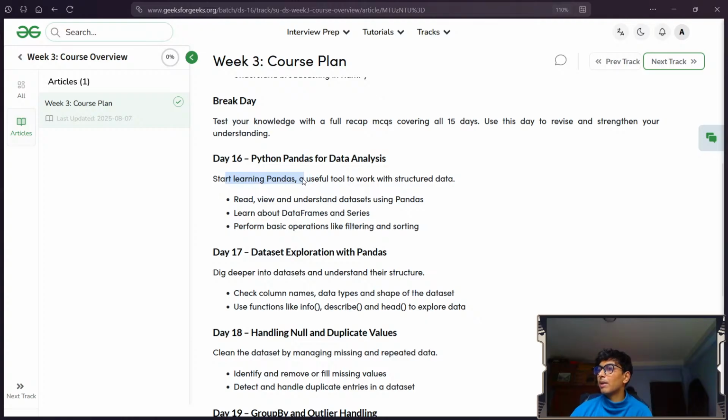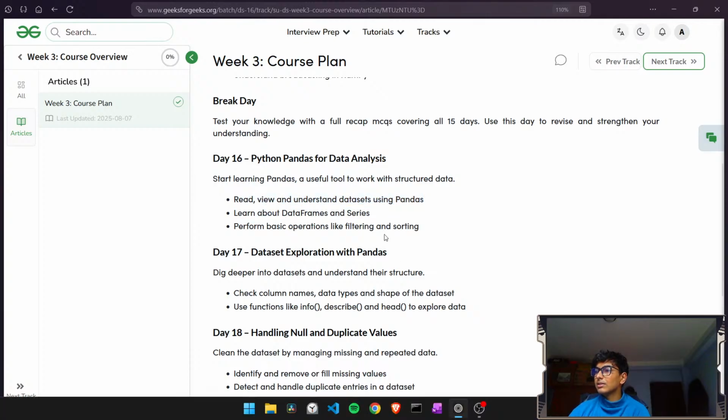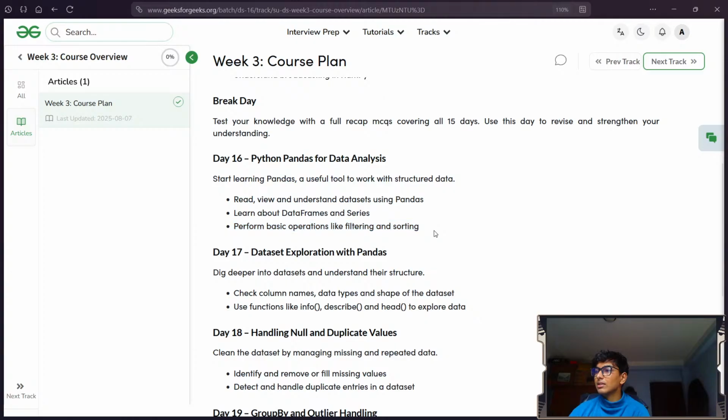Start learning pandas, a useful tool to work with structured data. Read, review, and understand dataset using pandas, learn about data frames, series, perform basic operations like filtering and sorting.